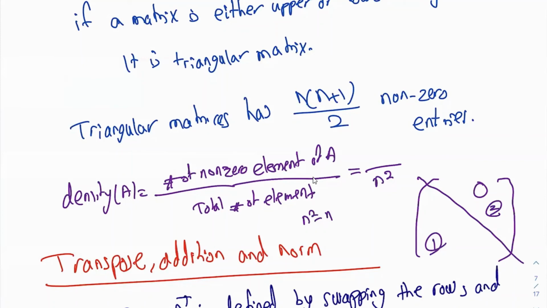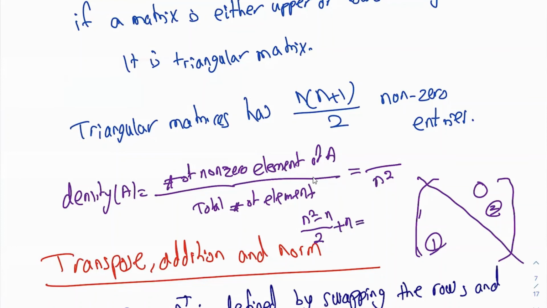Now n squared minus n divided by 2 is the number of entries in region 2 or in region 1. Now we have the number of entries here, and we have to add the number of elements on the main diagonal as well. We have n of them.